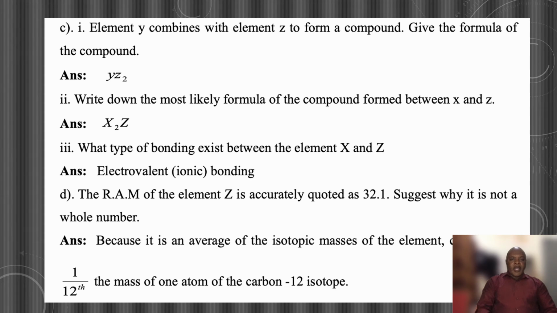Okay. Now let's go to 2. Write down the most likely formula of the compound formed between X and Z. X belongs to group 1 and Z belongs to group 6. So in that case, what is the charge of group 1? The charge of group 1 is +1, and the charge of group 6 is -2.